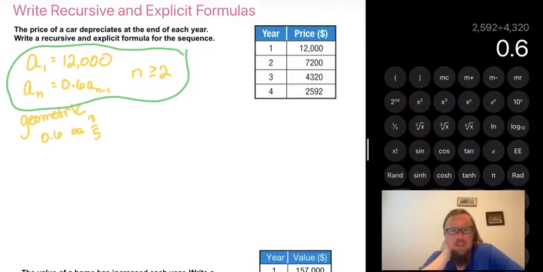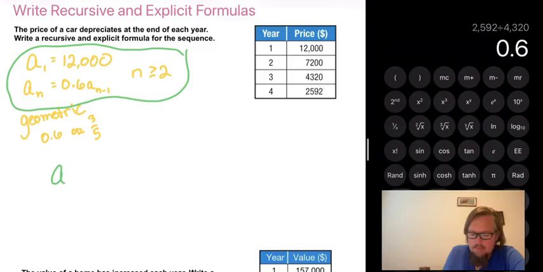So what is the difference between this and an explicit formula? Well, an explicit formula is the same thing, only with swears in it. No, I'm just kidding. An explicit formula is those geometric formulas that we learned how to write a couple of lessons ago.